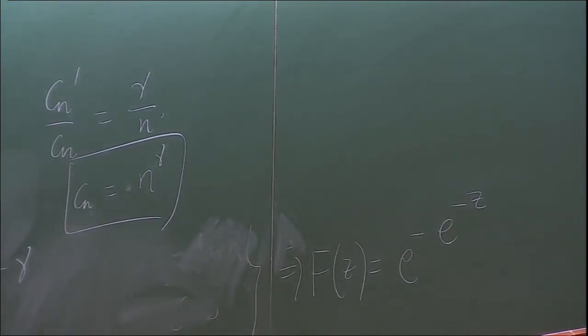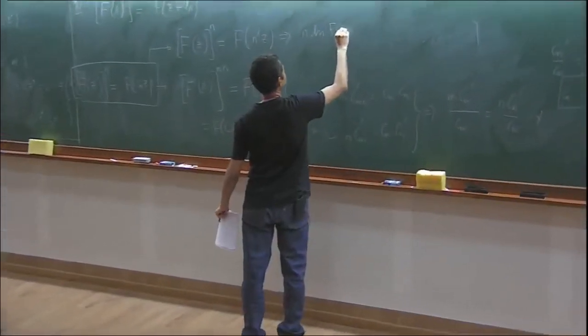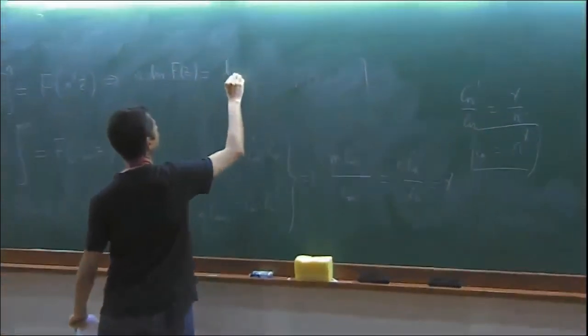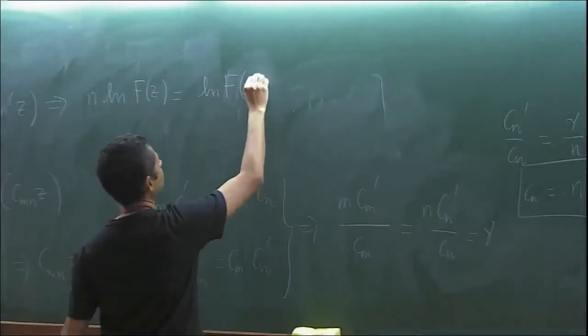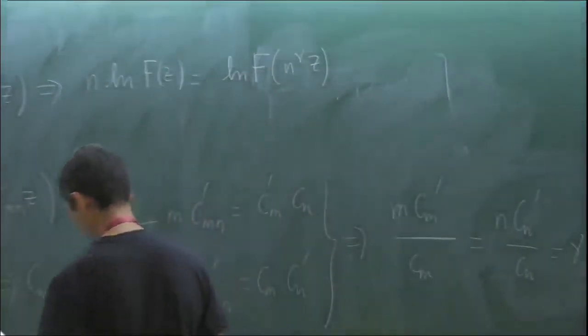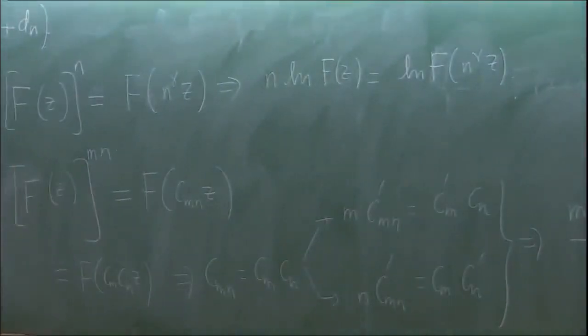So now given this, we have to solve this equation, and again you take a log: log f(z) is equal to log of f(n^gamma z).